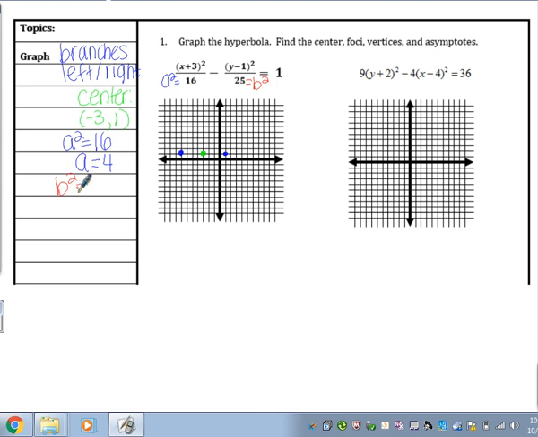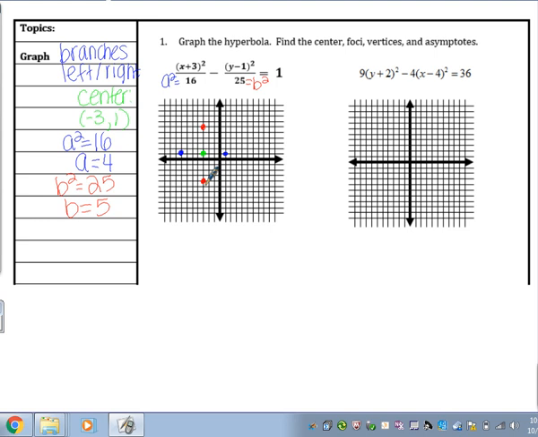So b squared is 25, which means b is 5. From the center, I'm going to go up 5, and from the center, down 5. All right, are we all here?